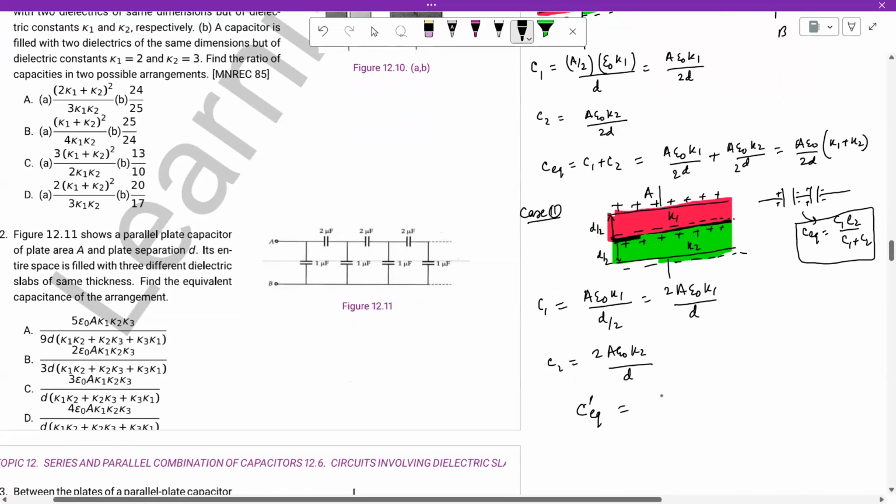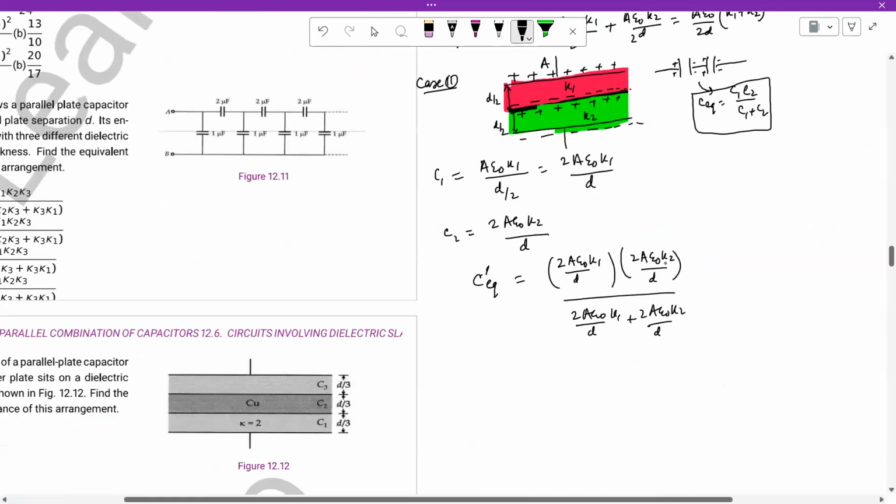So this would be C1 into C2, 2 epsilon naught K1 by D into 2 epsilon naught K2 by D divided by the sum.